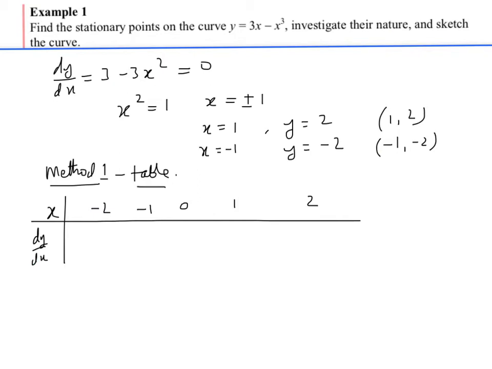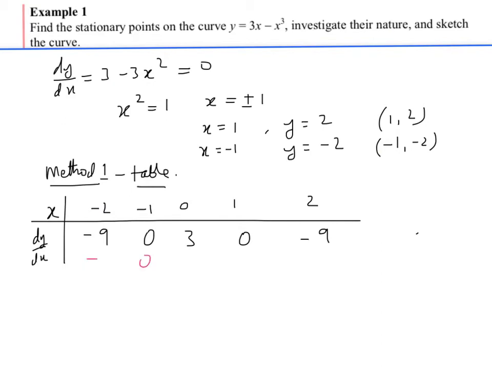So for the first value we should get minus 9, and for the second one we should get 0. Then we should get 3, and 3 take away 3 is 0 again, and then we put 2 in, and we should get minus 9. Now what we can see here is the gradient here is negative.